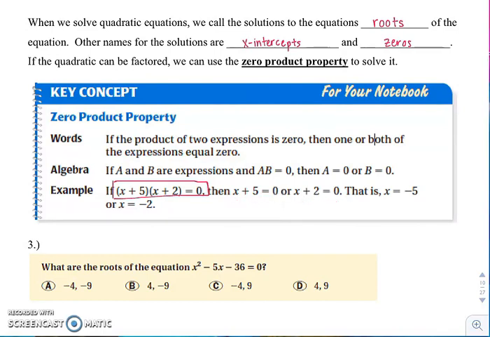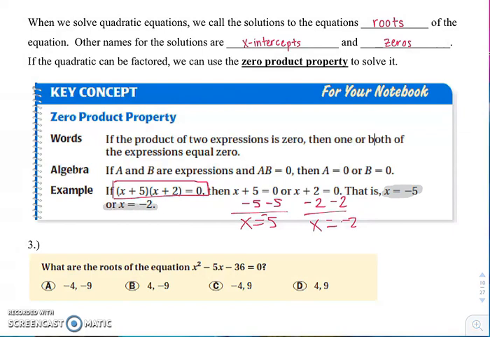So the first one, you would subtract 5, and x would be negative 5. For the second equation, you would subtract 2, and x would be negative 2.